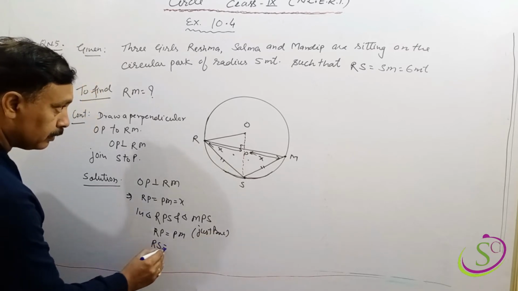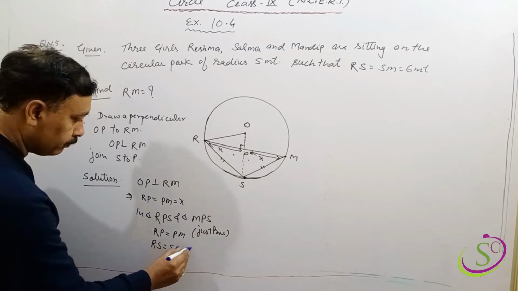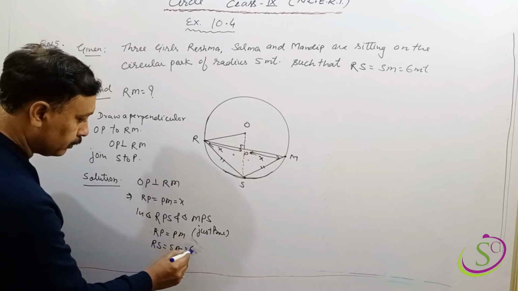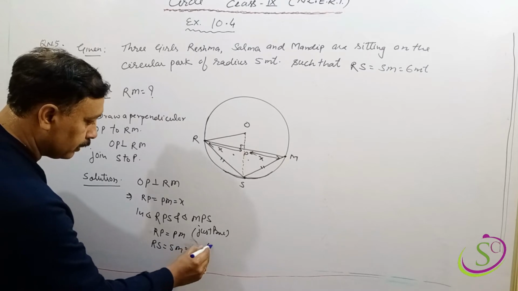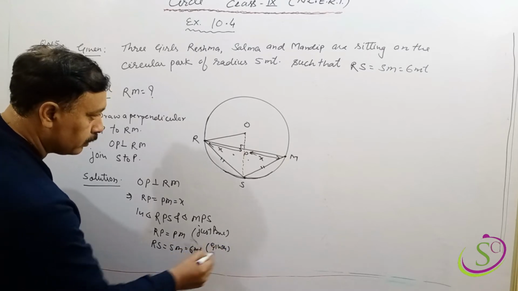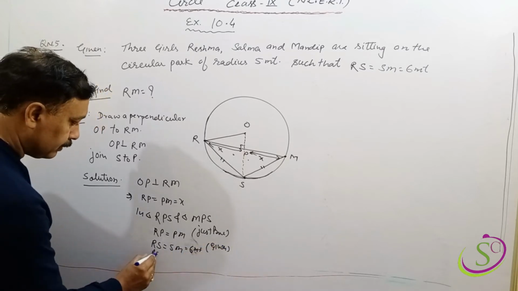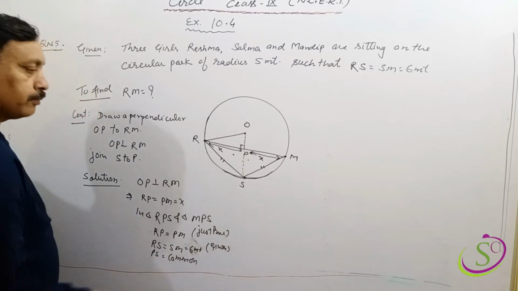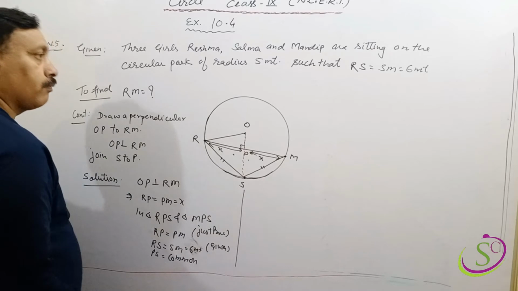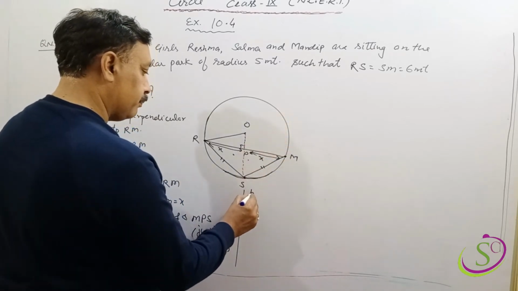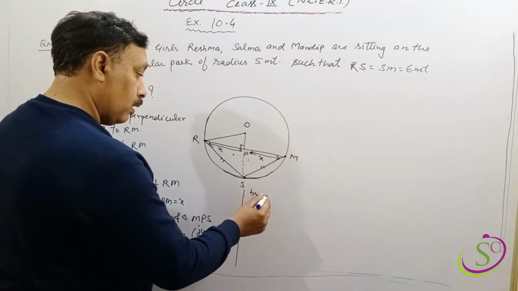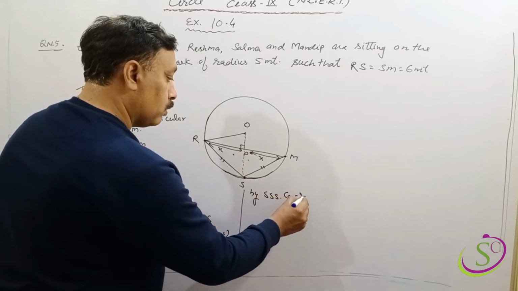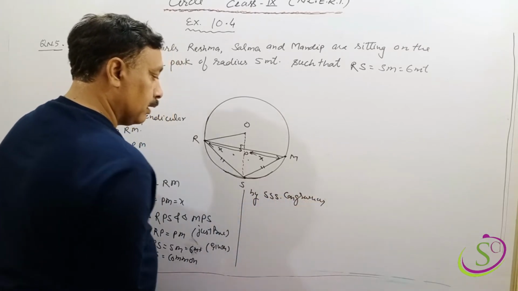RS equal to SM, or equal to how much? 6 meter. That is given. And PS is common. So by SSS congruency, clear?